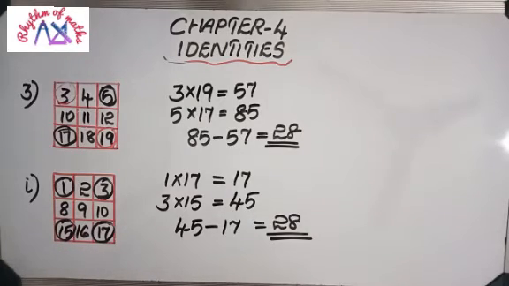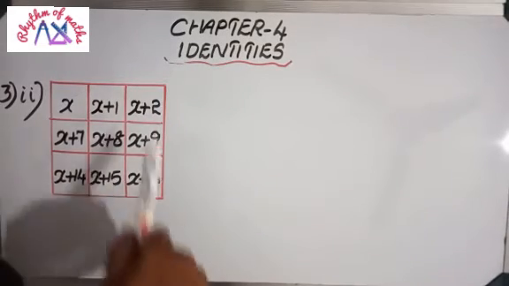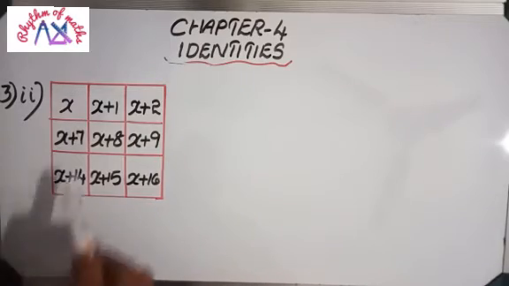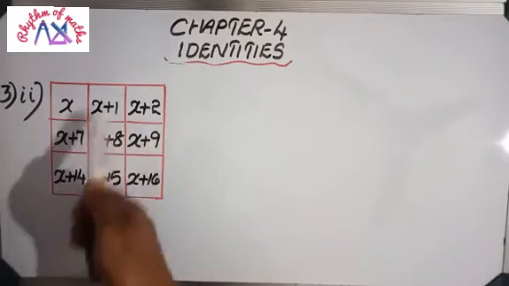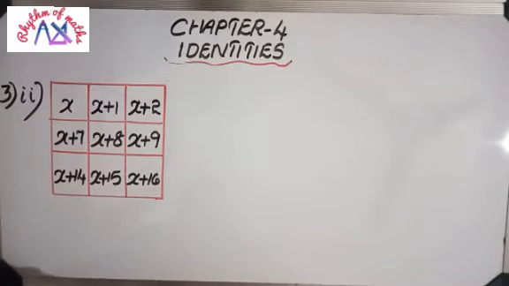Now the second sub question is to explain using algebra why this is 28 all the time. Okay, using algebra, so let's draw the algebraic terms. Using algebra, we will get a square of 9 numbers like this: x, x plus 1, x plus 2. You know how to draw. Moving forward 1 is added, moving downwards 7 is added. Now our question is to find the product of diagonal numbers.